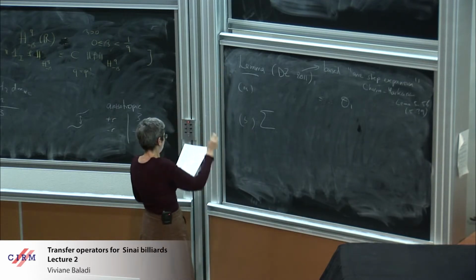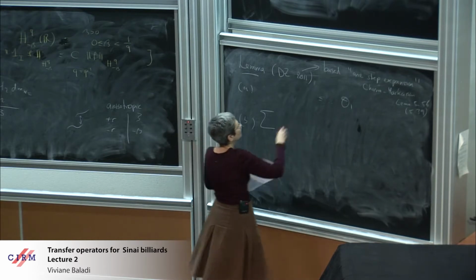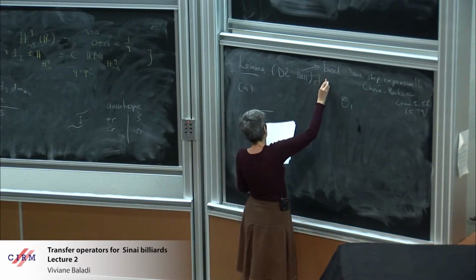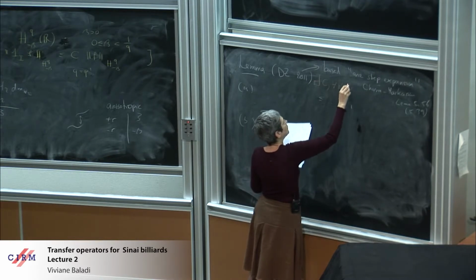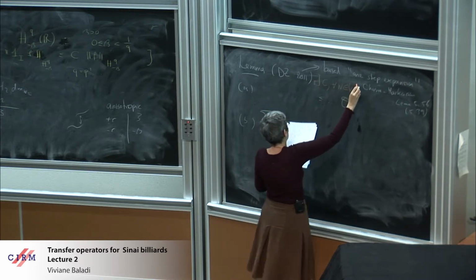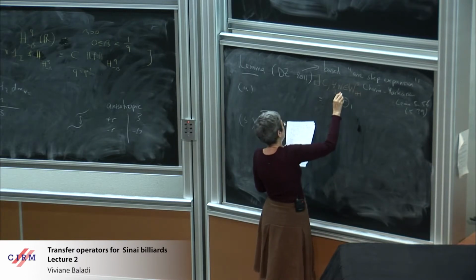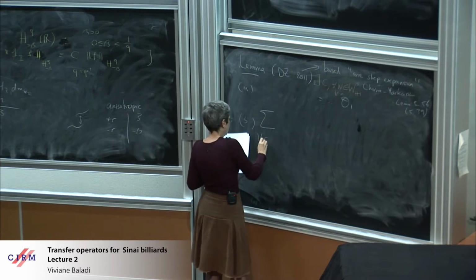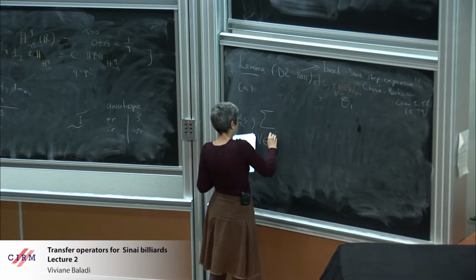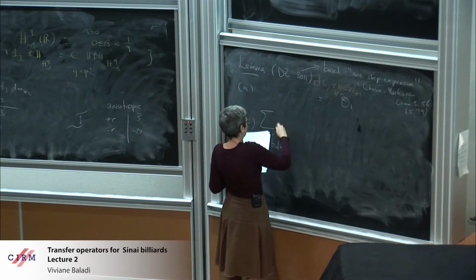So I do this procedure, and the claim is that there exists a C such that for any W in WS or WSH, for any n, if I make the sum over all the guys in this countable set that I get after iterating n times, and what do I sum?